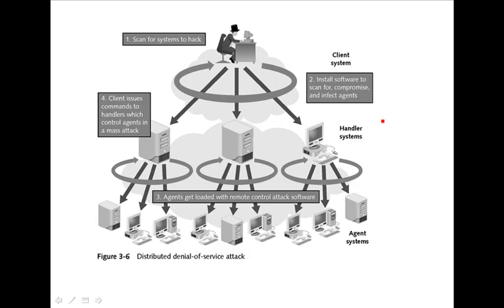So we've got a graphic here. Down here at the bottom, this particular graphic, which again comes from the old book, refers to these as agent systems. These are computers that are available to actually mount the attack. So somewhere up here at the top, you've got the attacker.